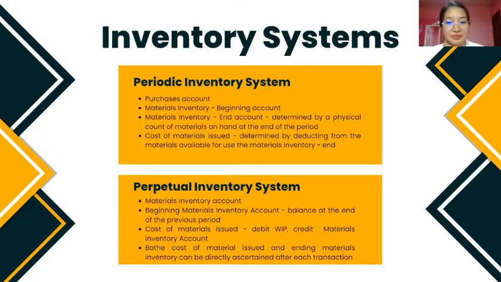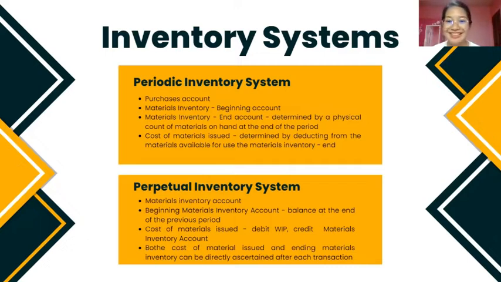And then the beginning materials inventory account is actually the balance at the end of the previous period, so it is carried over. So for cost of materials issued, the entry is a debit to work in process and then credit to materials inventory. And so, we do not need to wait for the period to end to determine the cost of materials issued. Every time we issue, we can already determine it.